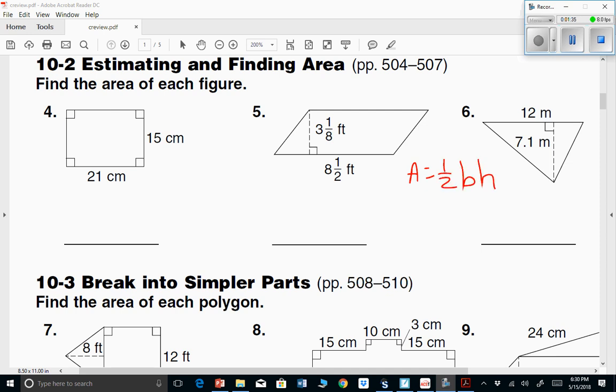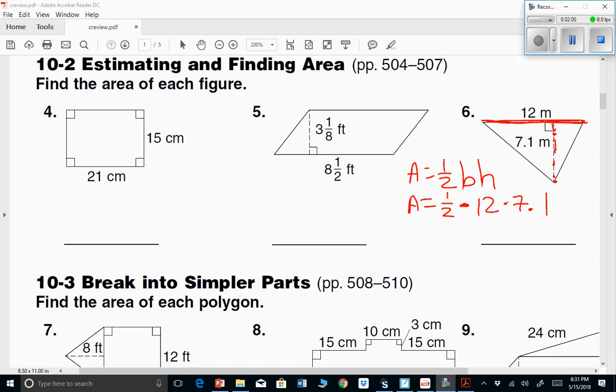So we plug in what we know. We do not know the area. So we bring that down, we bring down the 1/2, and then the base is right here. A lot of times it'll be on the bottom, but it can be on the top. The base is 12, and the height again is this line that is perpendicular to the base, times 7.1.